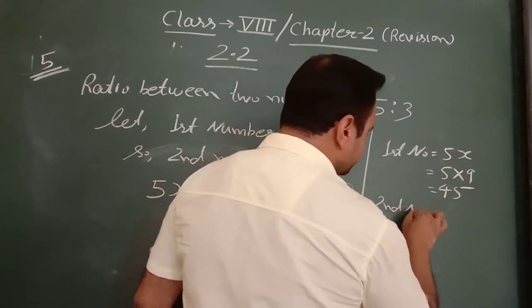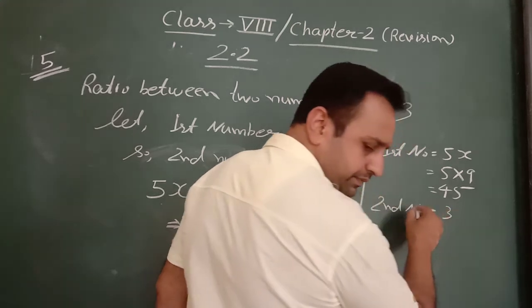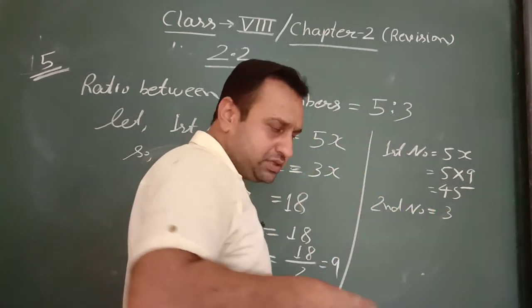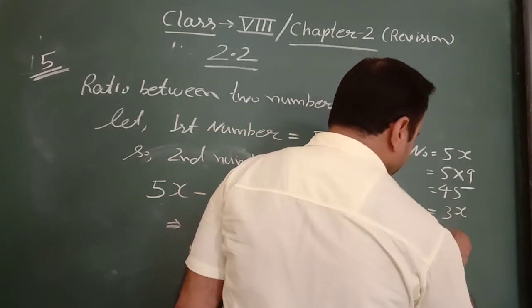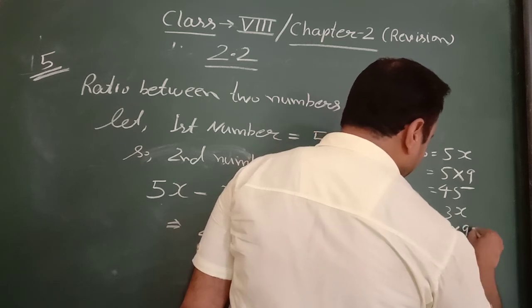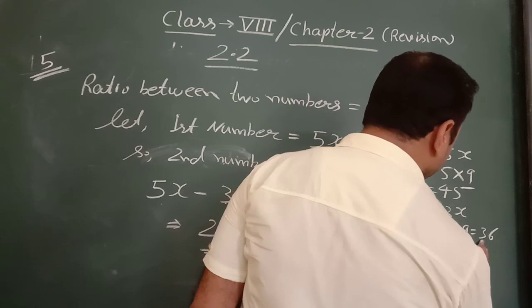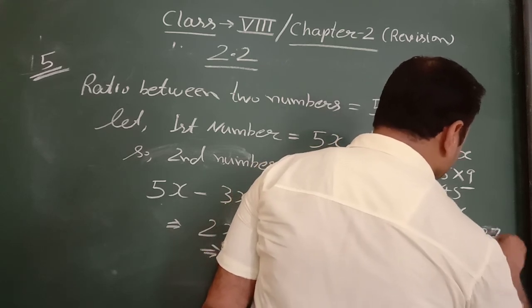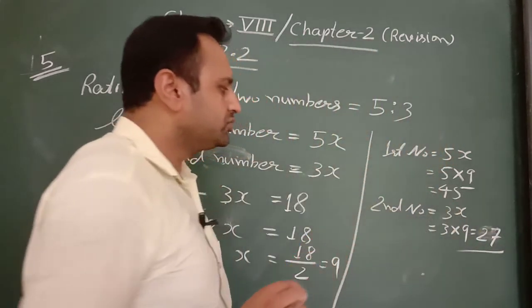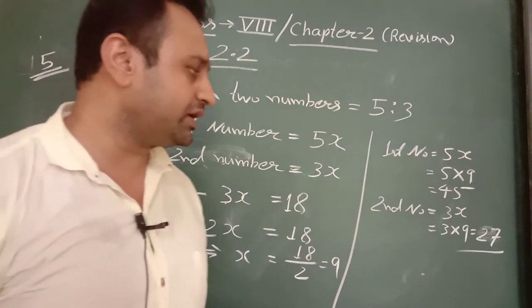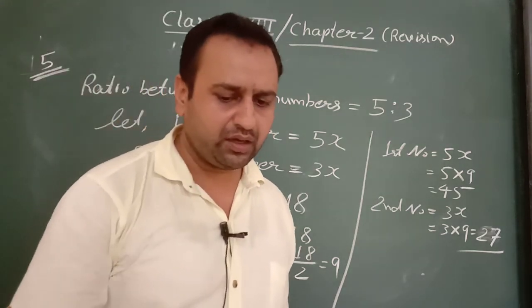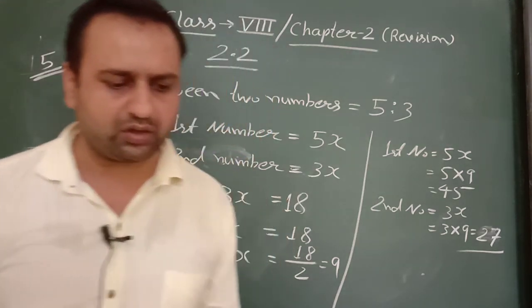Now we find out second number, which is 3x. So 3 multiply 9, which is 27. So first number is 45 and second number is 27. I hope you understood. Just note down it.